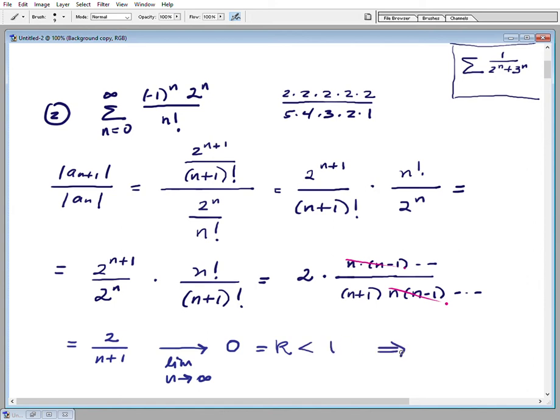So we do have absolute convergence by the ratio test. In other words, this denominator is going to infinity much faster than this numerator. So basically, it's like a race. You can think of it, n factorial is winning by a lot. That's what this shows us.